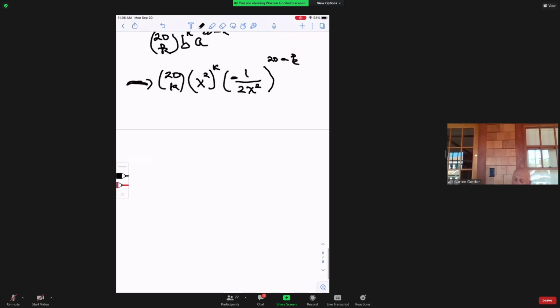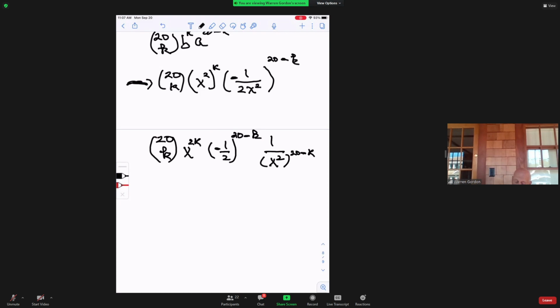So let's play some games here. This is 20 choose k, and now I'm using the laws of exponents. This gives me x to the 2k. I get minus 1 over 2 to the 20 minus k times 1 over x squared to the 20 minus k. Everyone see how I just distributed the exponents? Anybody have any questions? This is called algebra 1.